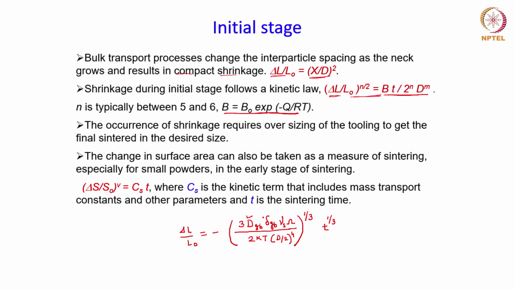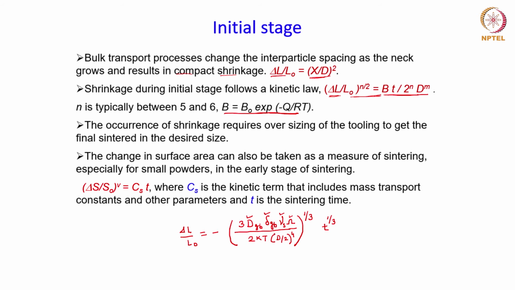where D_GB is the grain boundary diffusion coefficient, delta GB is the grain boundary thickness over which the diffusion occurs, gamma S is the surface energy, and omega is the atomic volume, and the rest of the terms have their usual meanings.